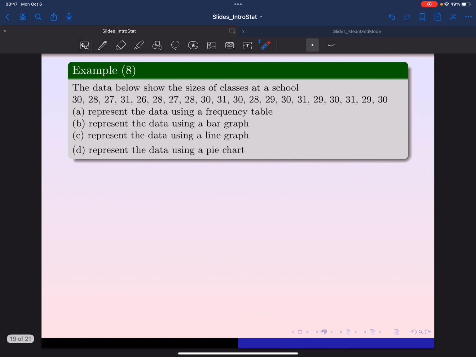Now we have an example. The data below shows the size of classes at a given school. Represent the data using a frequency table, a bar graph, a line graph, and a pie chart. So let's go with the frequency table first. We're going to create the table first. So we need to have the data.